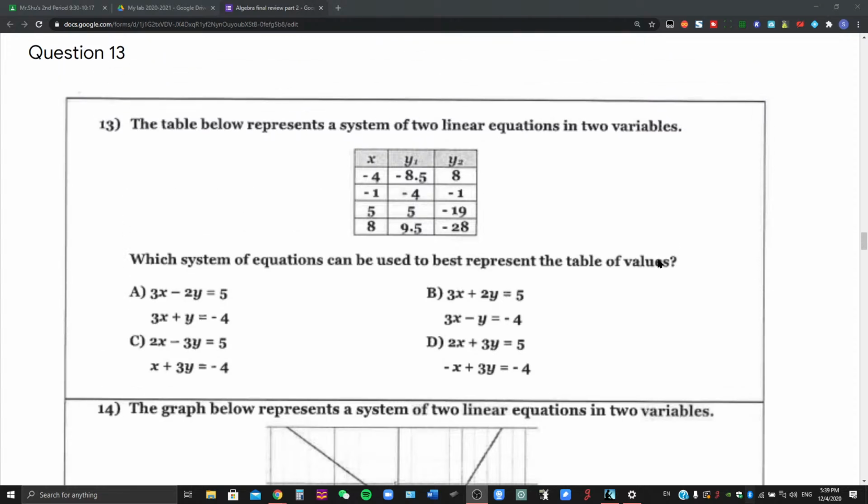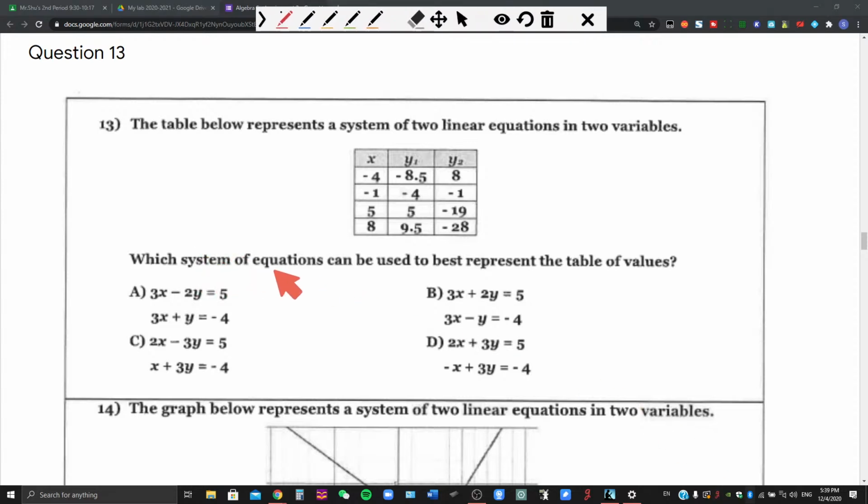Question 13. The table below represents a system of two linear equations in two variables. Which system of equations can be used to best represent the table of values? All right, so this is actually two systems or two tables, but they just put it together.